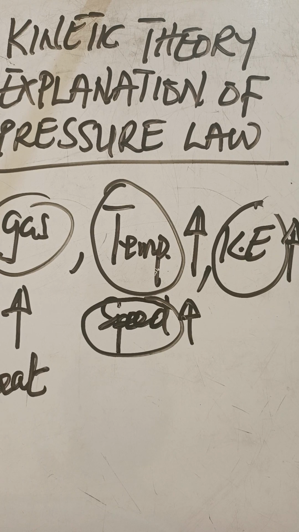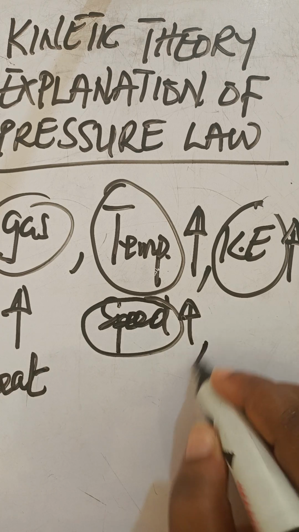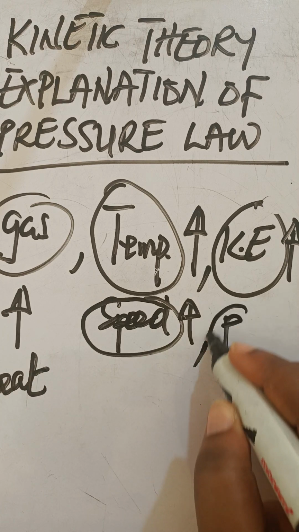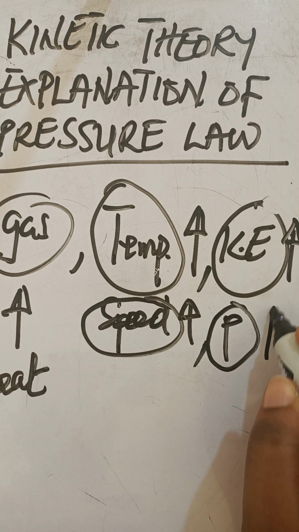And this results in an increase in pressure. So since kinetic energy and speed are increased, the number of collisions with the walls of the containing vessel is also increased, and the pressure of the gas will also increase.